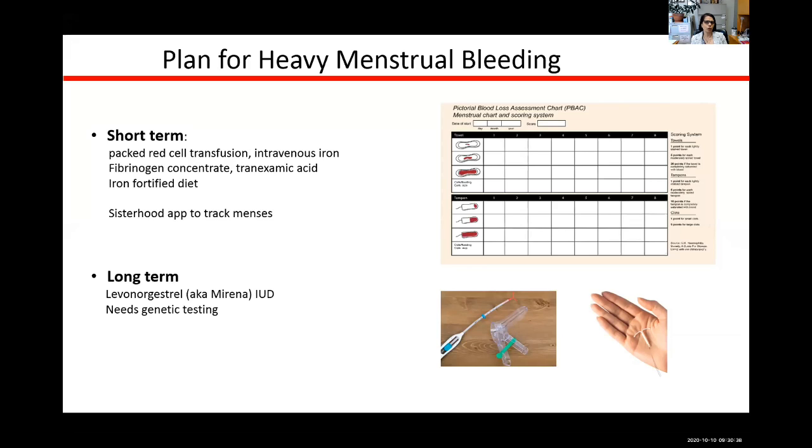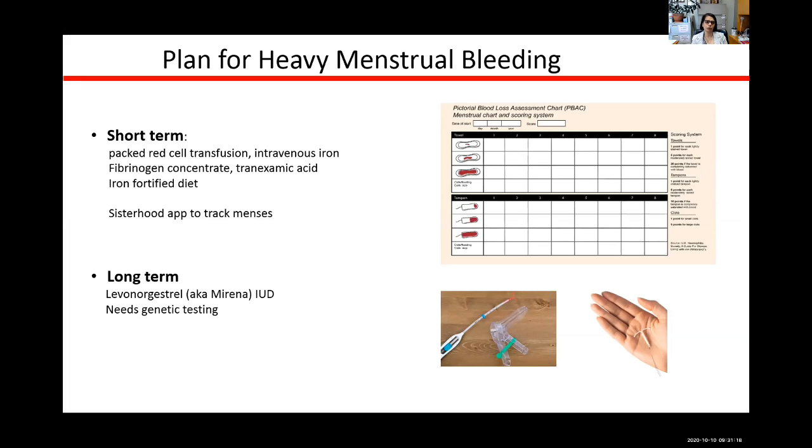And so for long-term purposes, I counseled her about getting a levonorgestrel IUD, also known as the Mirena IUD, which is really effective in girls and women with heavy menstrual bleeding, even in the general population. And we found it to be effective even in girls and women with bleeding disorders. Advantages of the IUD are that you avoid the systemic side effects that you typically have with birth control pills, such as mood swings and weight gain, it stays in for at least 5 years, and you don't have to be reminded to take a pill every single day.